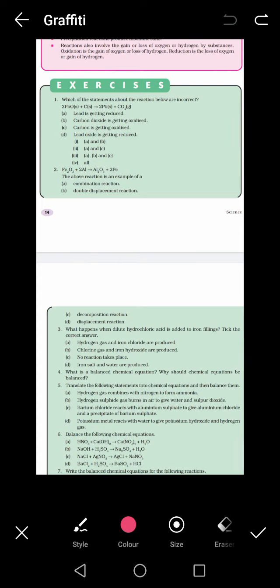What is a balanced chemical equation? Why should a chemical equation be balanced? So the answer is, a balanced chemical reaction is an equation that has an equal number of molecules of each type of chemical substance on both sides of the arrow.